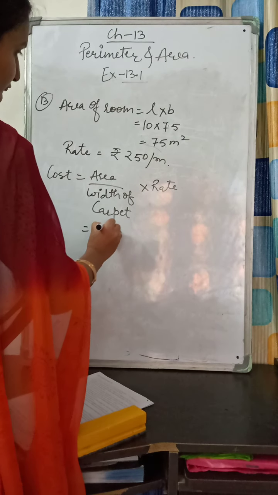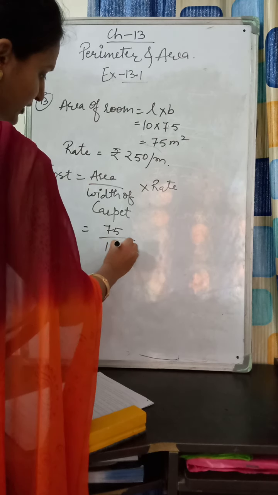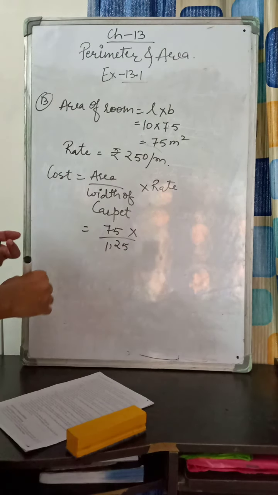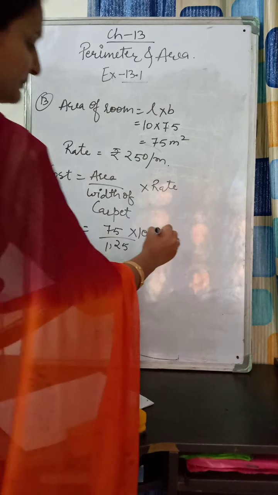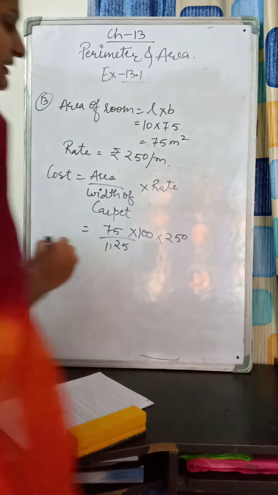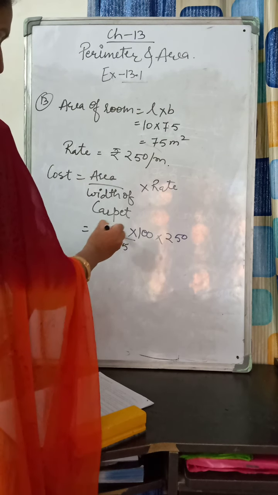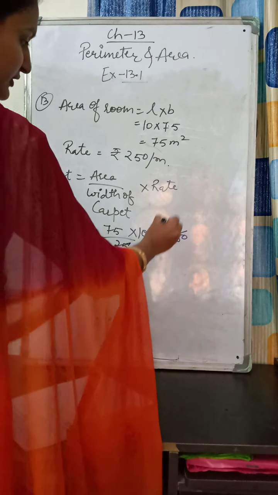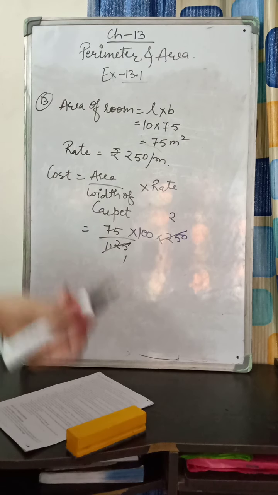Fine. So that will be equal to 75 upon 1.25 into 250. Students, when we remove this decimal we get 100 here, and this is multiplied with 250, that is the rate of the carpet. So when we divide, 125 ones are 125, and 125 twos are 250.